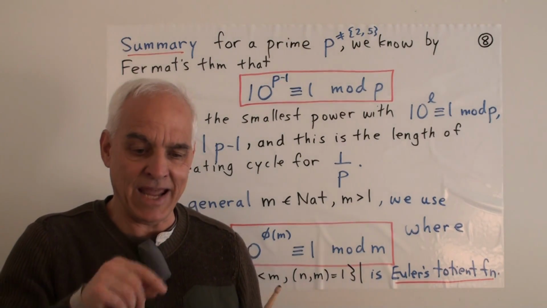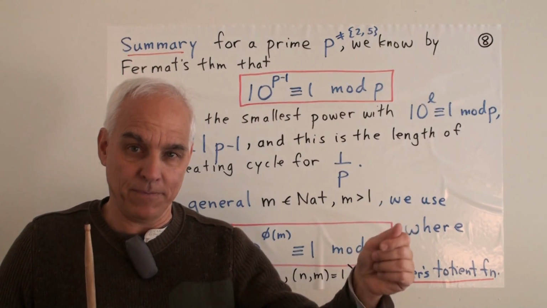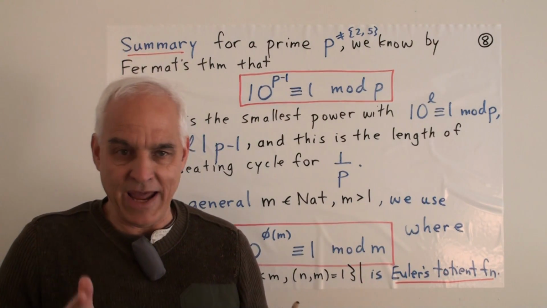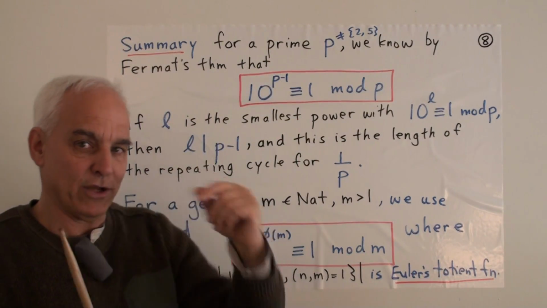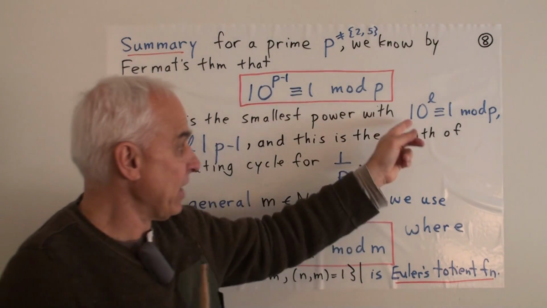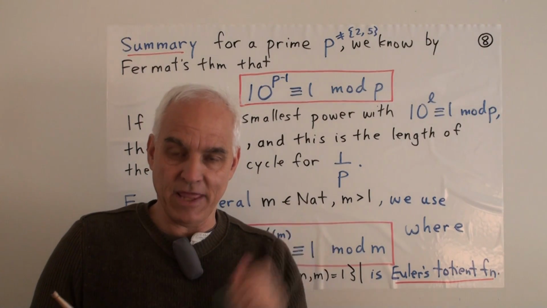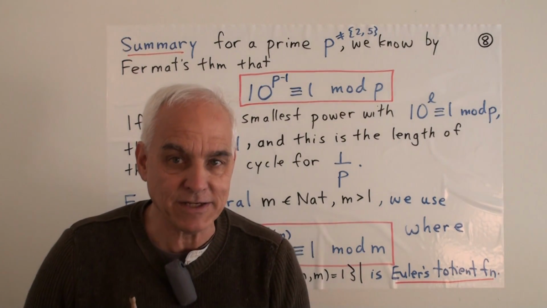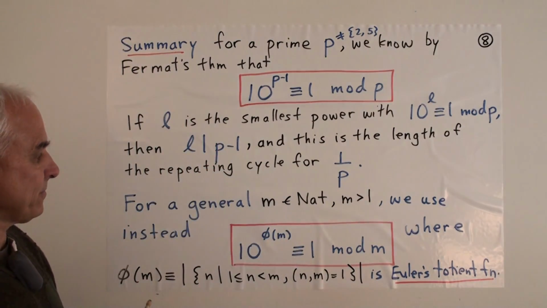We know that if we take 10 to the p minus 1, we're going to get 1 mod p. But we could also look at smaller numbers, which are divisors of p minus 1, and look to see whether 10 to any one of those is going to be congruent to 1. And if we find some of them, then the smallest one that we can find is going to end up being the length of this cycle.